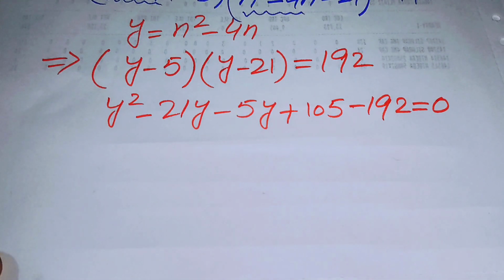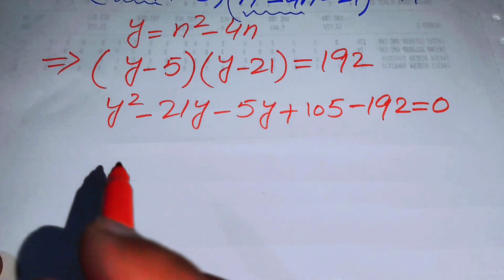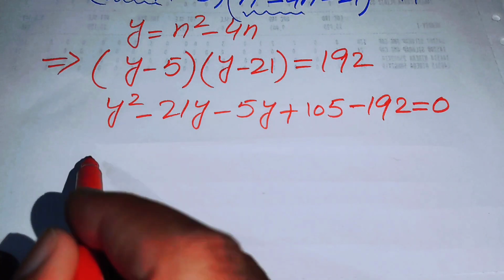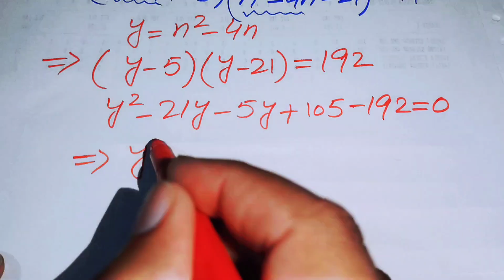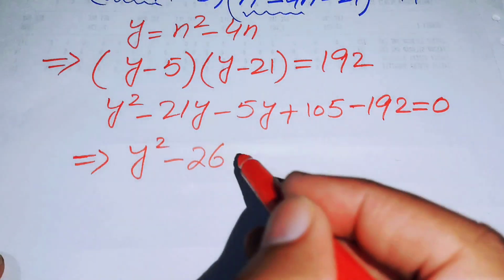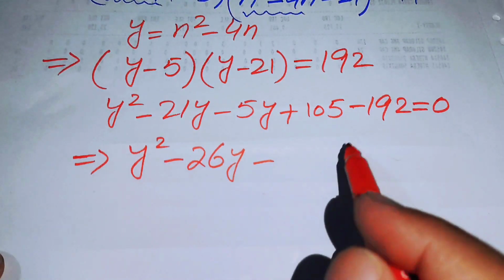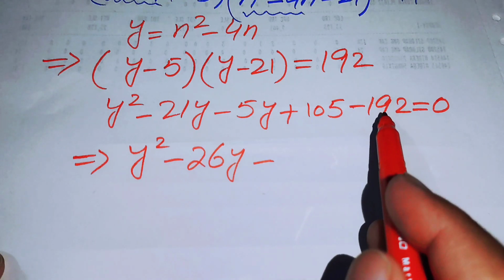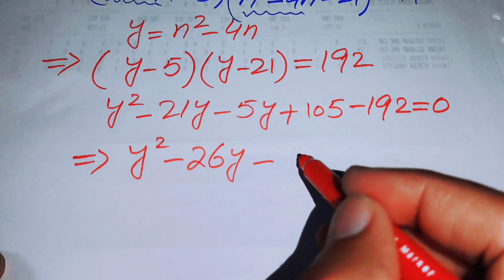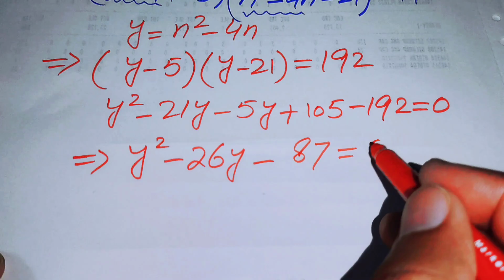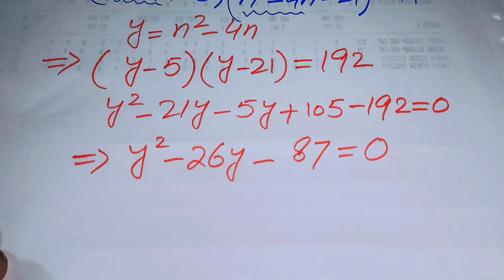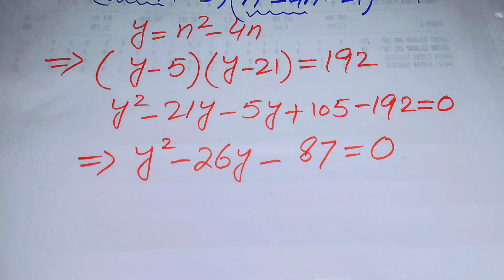Now we rearrange these terms and get y² − 26y + 105 − 192, which is −87, so the whole equation is y² − 26y − 87 = 0.